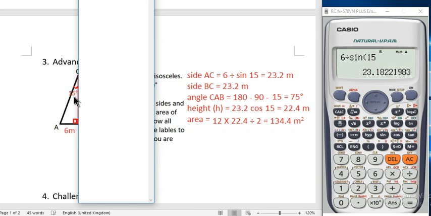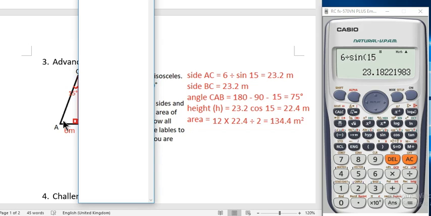We can just start with 180, subtract 90, and then subtract 15, and whatever we're left with has got to be this little bit here. We can check later to see if they add up to 180. So the way to do it is a reverse technique of finding the answer.